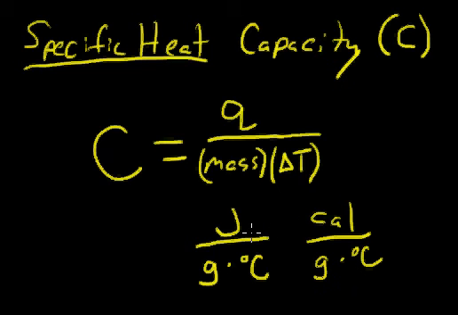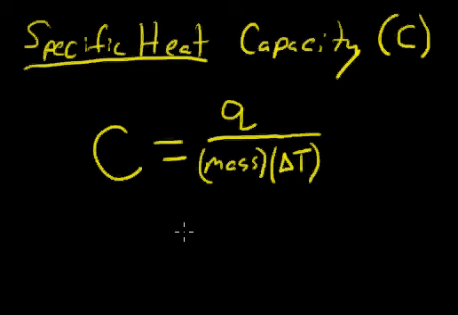And you'll notice if you just look at the units for specific heat, we have the equation: joules, Q, heat, grams, mass, and degrees Celsius, temperature or change in temperature. Okay, so let's look at this a little bit closer and see if we can identify some different parts of this equation. So if we want to find the specific heat of a substance, we need three different measurements: heat, mass, and temperature, so our change in temperature.